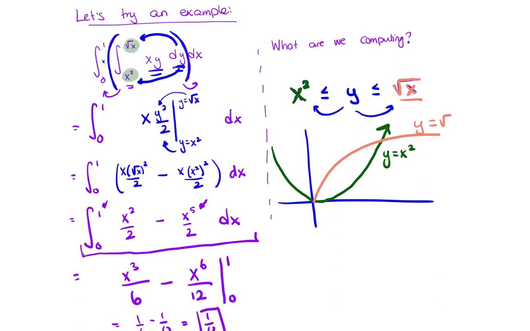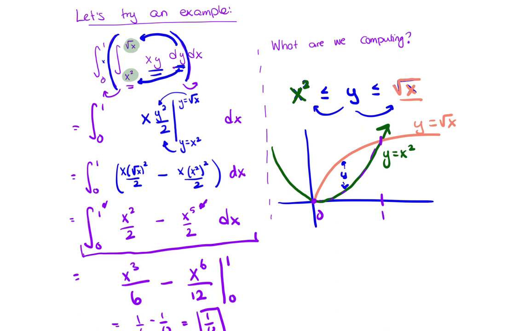Y equals root x. And I have that my y values have that x squared on the bottom and root x on the top. We usually think about x squared being bigger than root x, but between 0 and 1, x squared is actually on the bottom and root x is on the top.